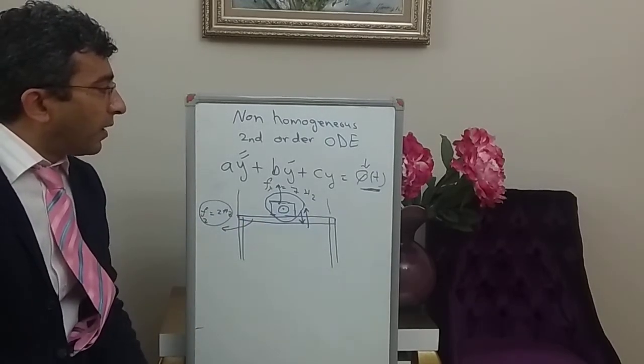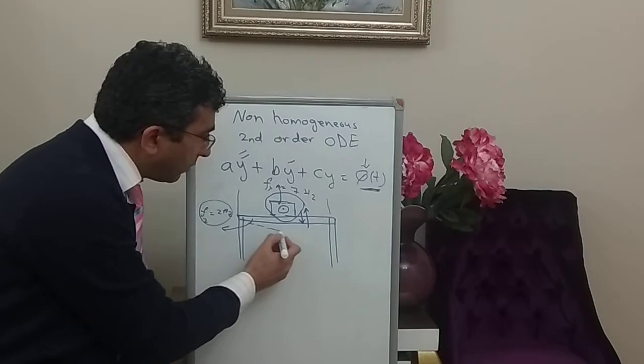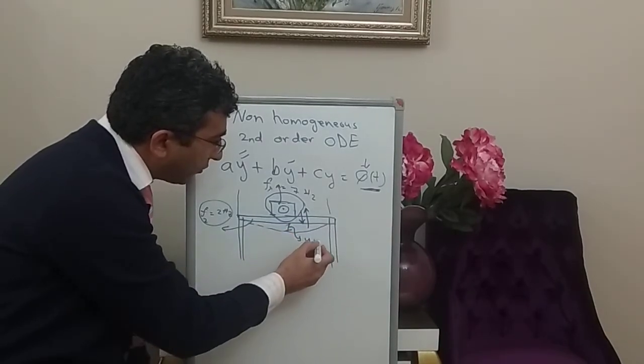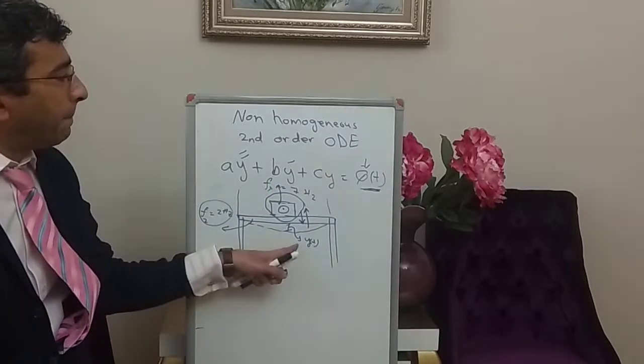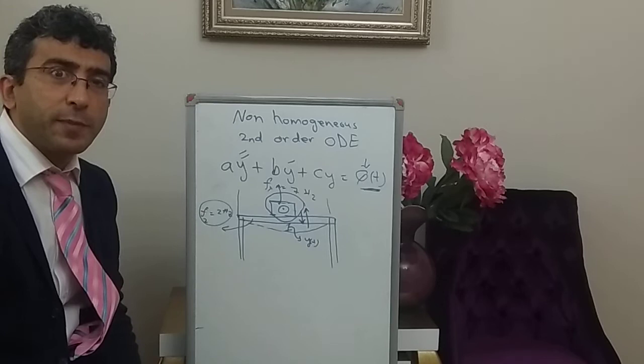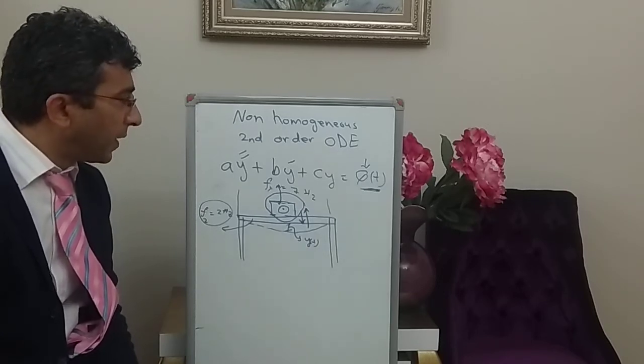So in my course I am looking for y of t, the deflection, and how it varies with respect to time.